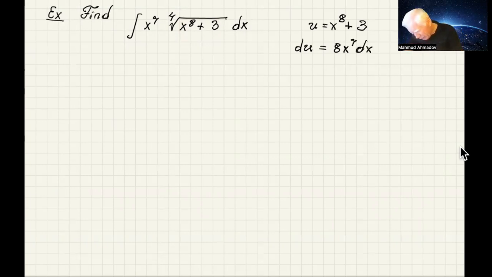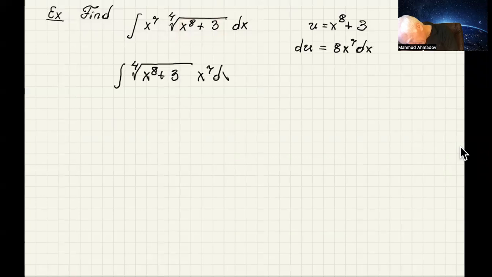Now, if we rewrite this integral, bringing this x to the 7th next to the dx, it's going to look like this. It's going to be the integral of the fourth root of x to the 8th plus 3 and x to the 7th dx. We'll see that this part here doesn't have any 8 next to it.